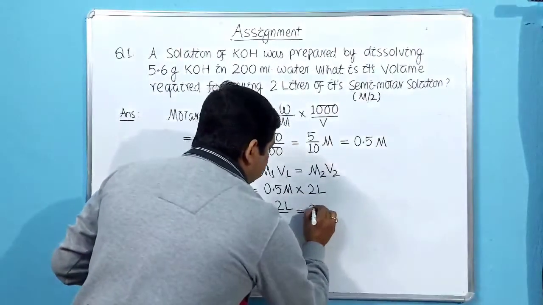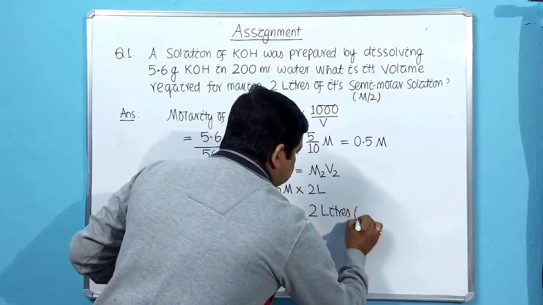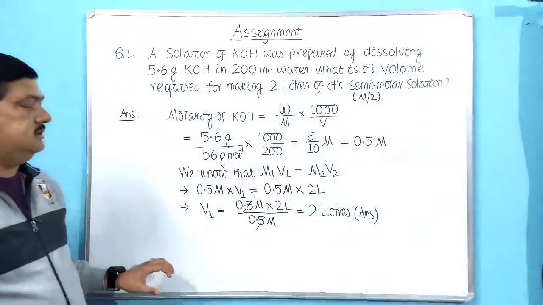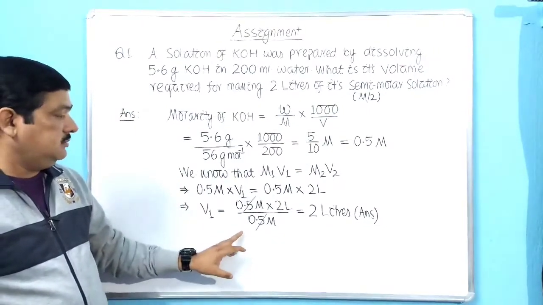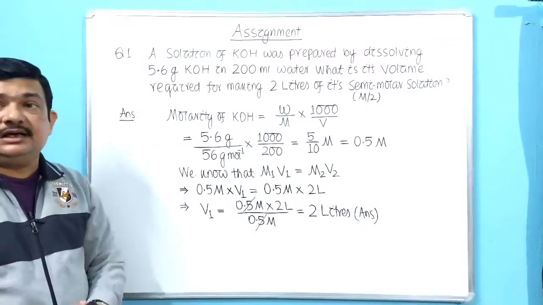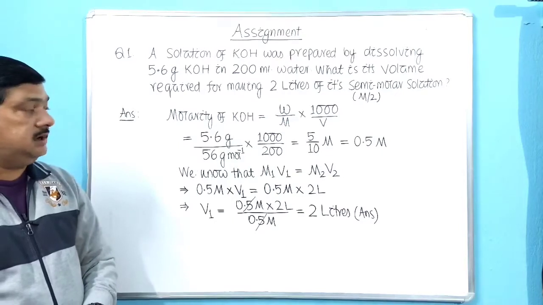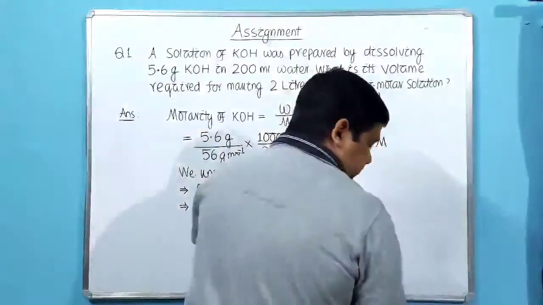The answer will be 2 liters. So this is the answer: for 2 liters of semimolar solution, we require 2 liters of the KOH solution. So this is the answer of question number 1. Next we will proceed to question number 2.